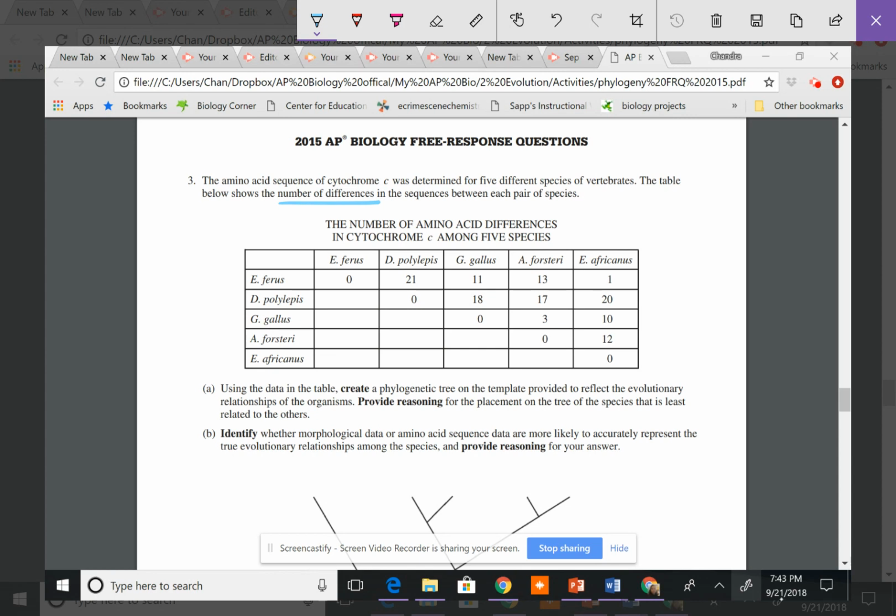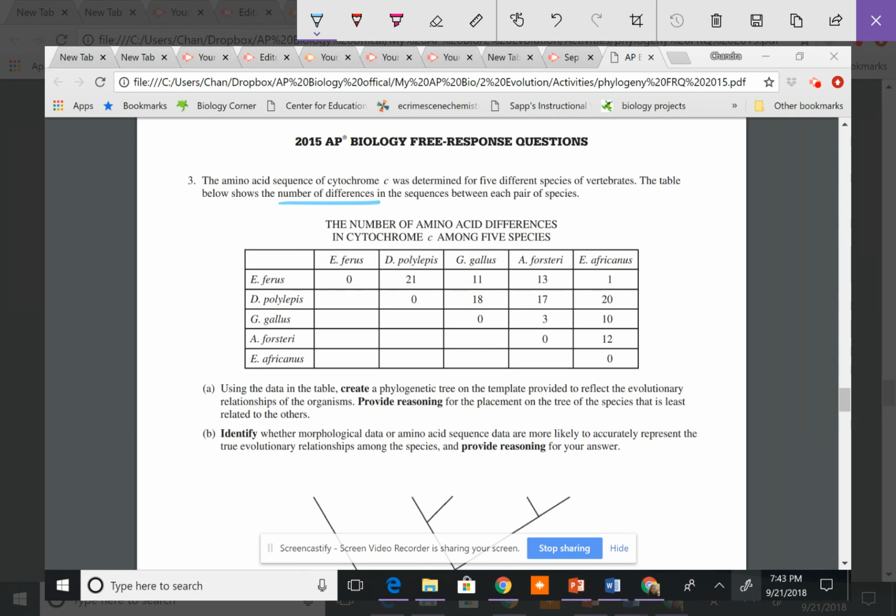But if you compare E. ferris to D. Polylepis, there are 21 differences. There are 11 differences between E. ferris and G. gallus. There are 13 differences between E. ferris and A. foresteri, however you say that. And there is 1 difference between E. ferris and E. africanus. Okay, so that's how we would approach or read this table.